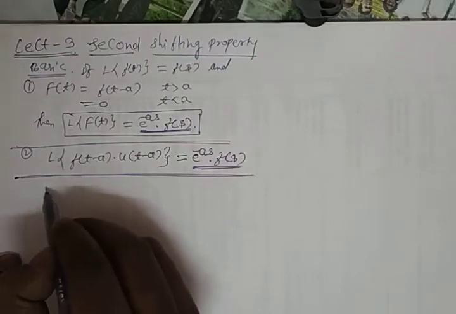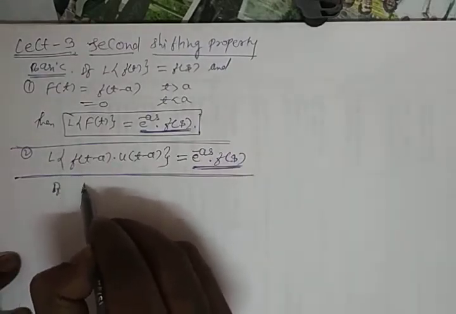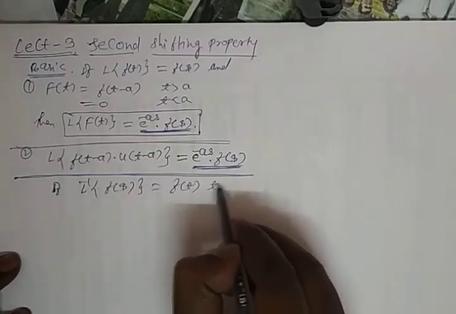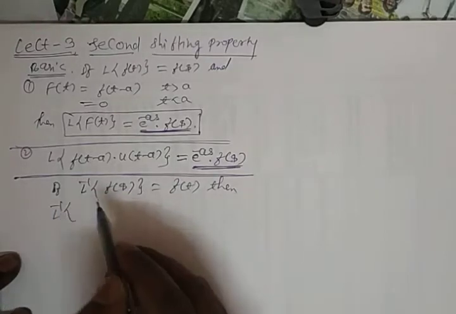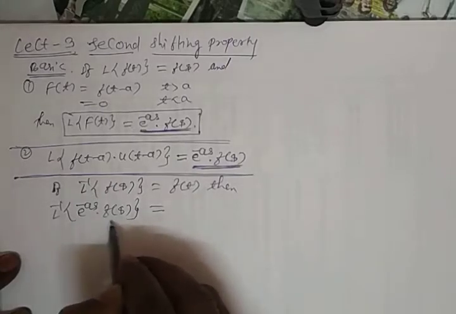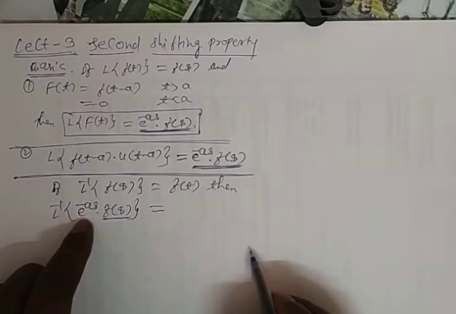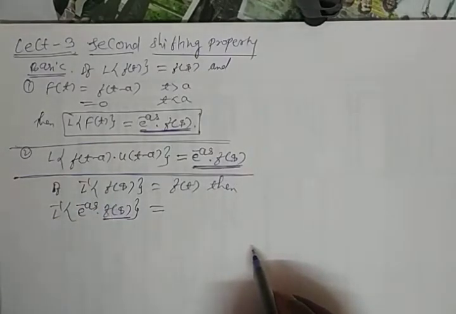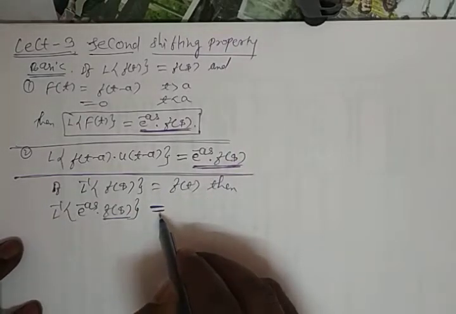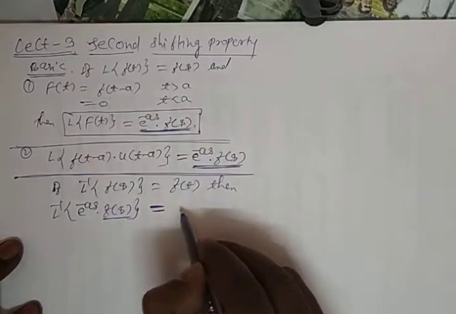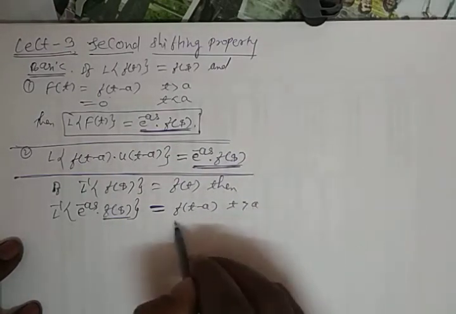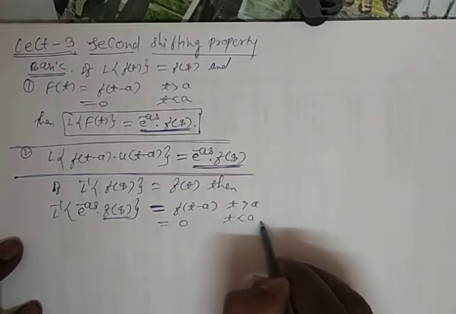Now let us see this particular in inverse Laplace transform. If Laplace inverse of f of s is equal to f of t, then Laplace inverse of e raised to minus as into f of s. Okay, that means whenever there is e raised to minus as in multiplication to f of s, then the answer to this particular question will be in the form of two answers, that is, one is f of t minus a, t is greater than a and is equal to 0 for t is less than a.